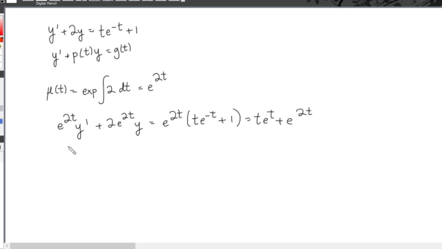Okay, so next we want to integrate. Actually, wait. So yeah, this should be the derivative. Okay, so I said that y prime is the derivative of y, which means that 2e. Oh yeah, okay, so this whole thing is just the derivative with respect to t of e to the power of 2t times y.